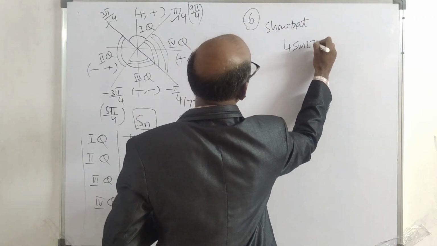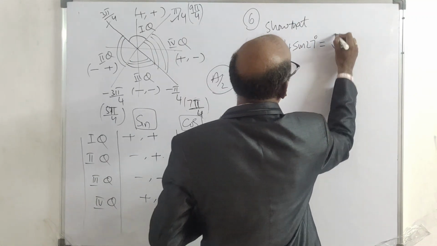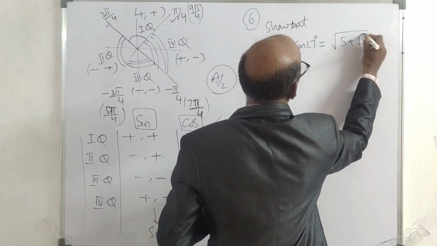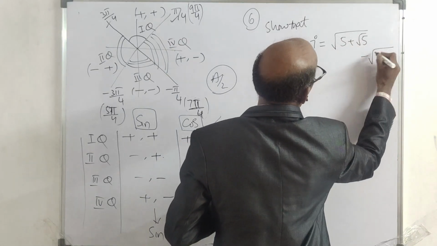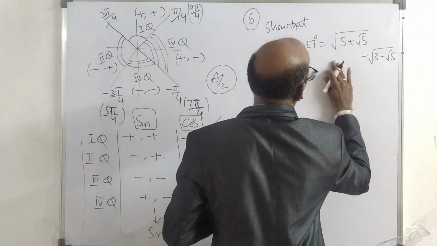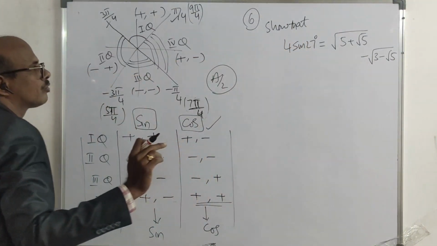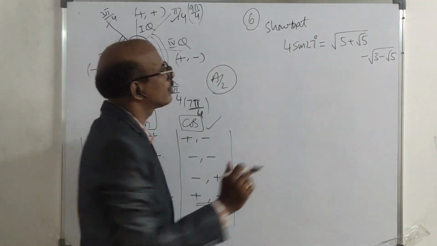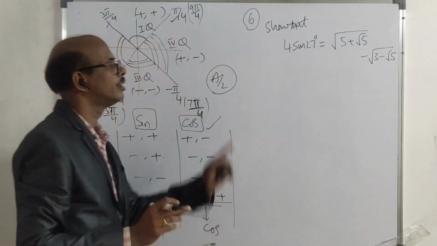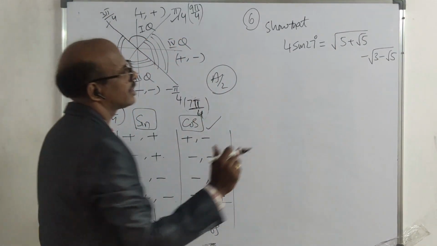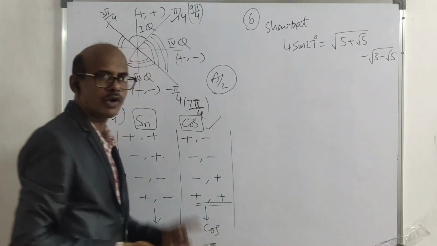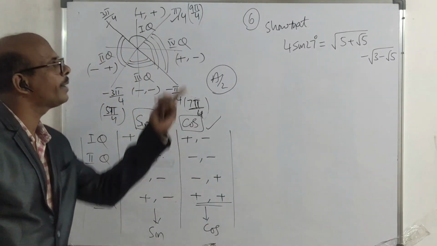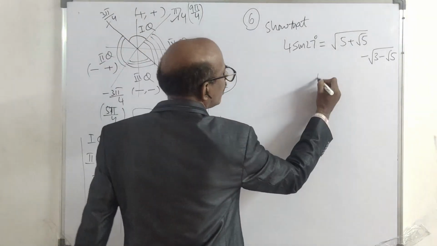Show that 4 sine 27 degrees is equal to root of 5 plus root 5 minus root of 3 minus root 5. Very good question. Don't deviate. I think it is similar to the fifth problem.